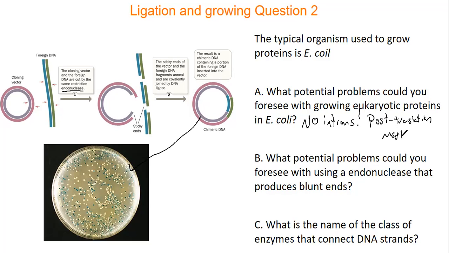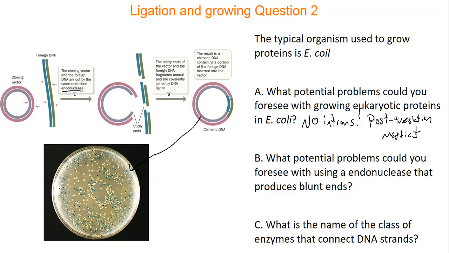Yep, as Ju just pointed out, no post-translational modifications, sugars, right? Yeah, so we're going to talk about this when we get to the sugar chapter. Eukaryotes, our proteins, especially mammals, are covered with sugar. We glycosylate a lot of different proteins.